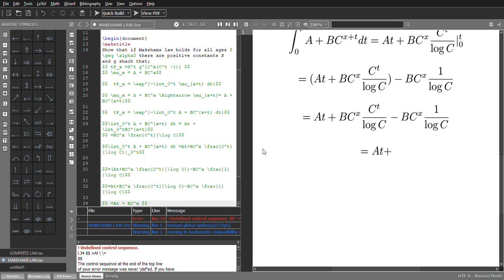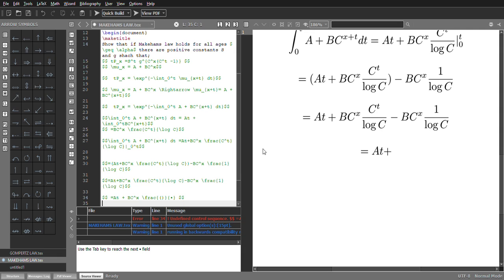Let's place it under a fraction. That one we will be having c raised to t minus 1, we're subtracting 1, all over log c.